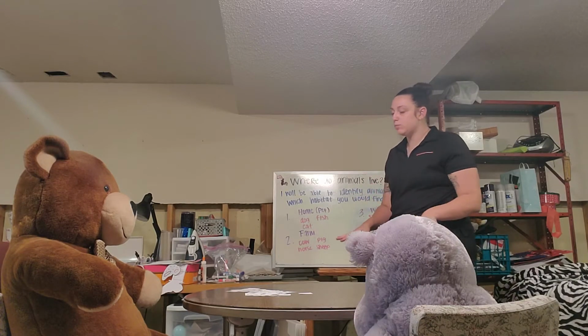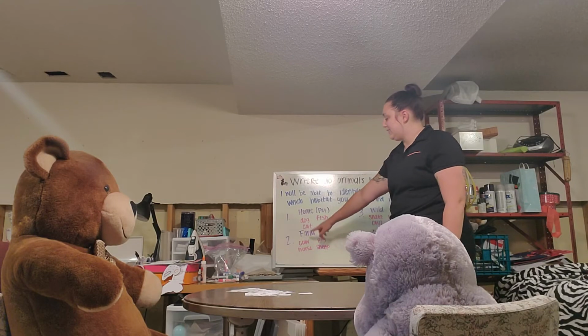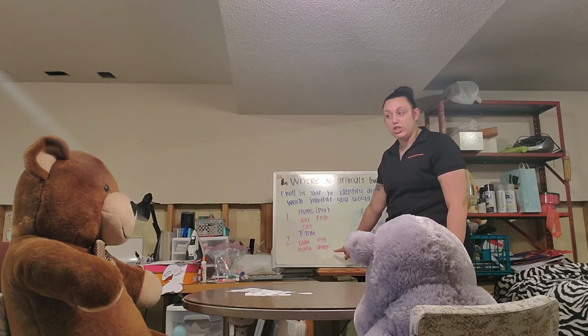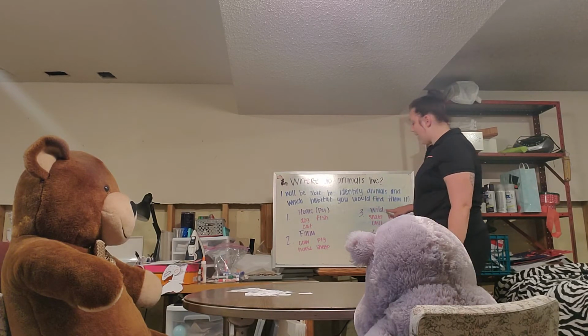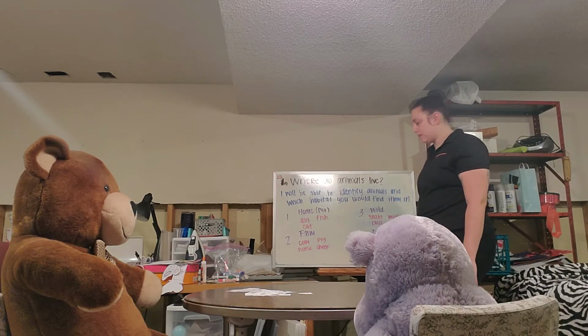I'm sure there's lots more, but those are the ones you guys told me. On a farm, we would see a cow, a horse, a pig, or a sheep. And there's lots more for that too. In the wild, you guys told me we would find snakes, owls, wolves, and foxes. And at the zoo, you guys saw tigers, elephants, and giraffes.